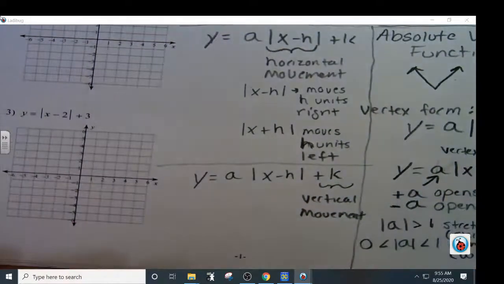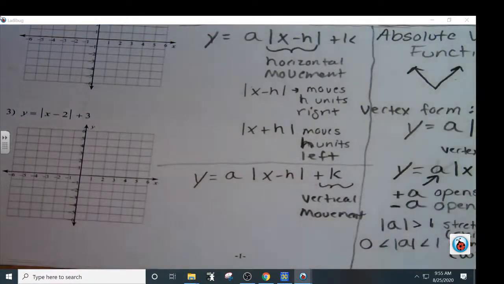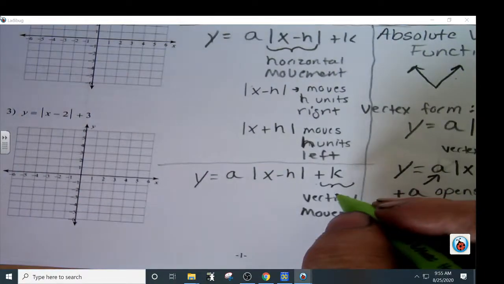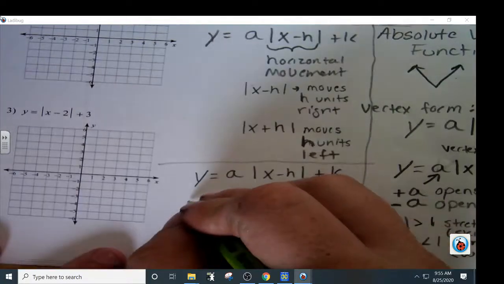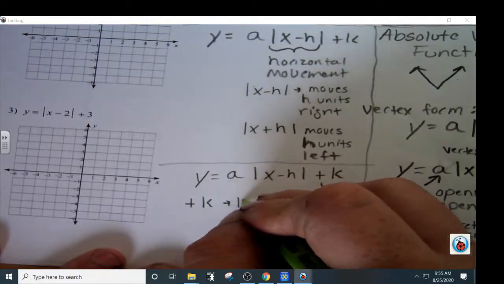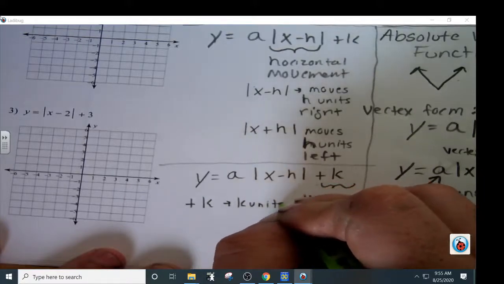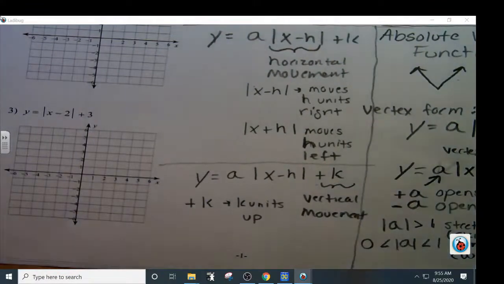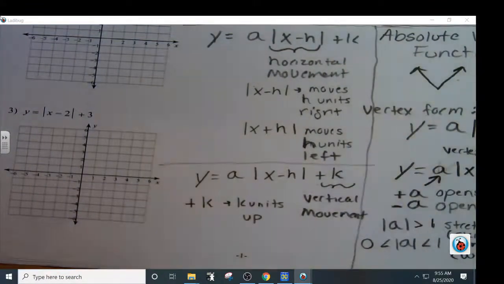Okay? And guys, this is going along with the transformations. I'll do domain and range when we graph it because it's much easier to see. The K tells us our vertical movement. Now, K stays true to its sign. If it's plus K, that's K units up.